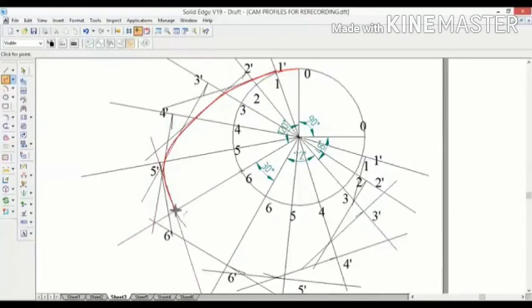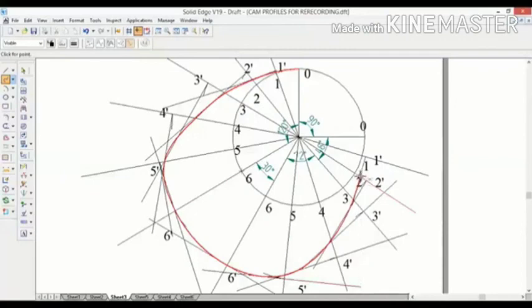So this will be the 6 interior part, the tangent line, and 6 dash interior part, 5, 4, this interior part. So don't worry about where 3 dash is and where 3 is.